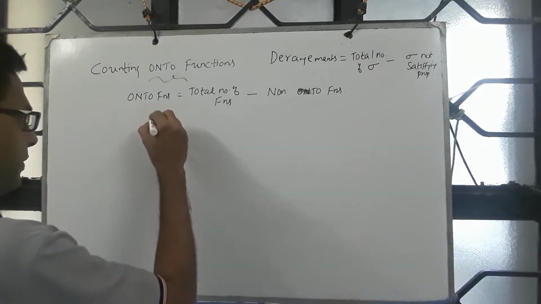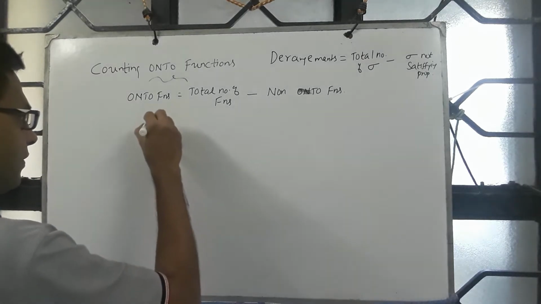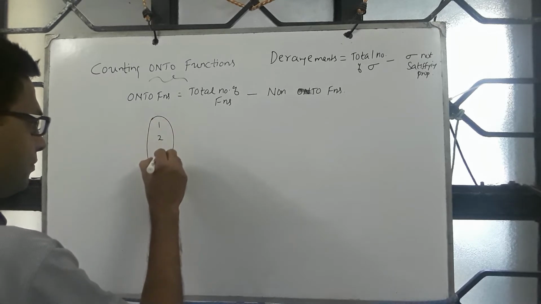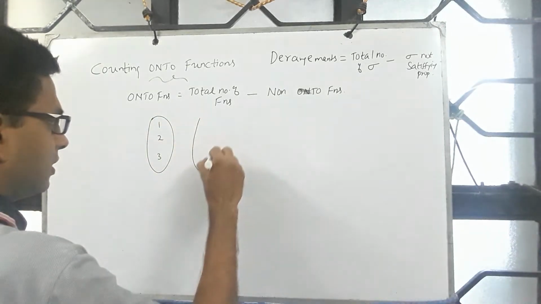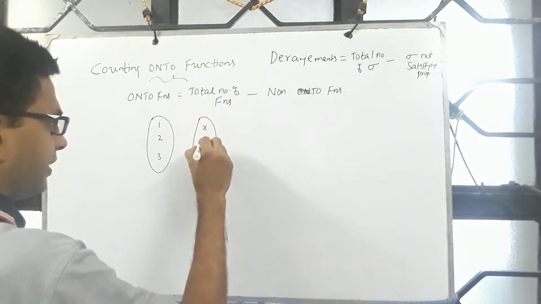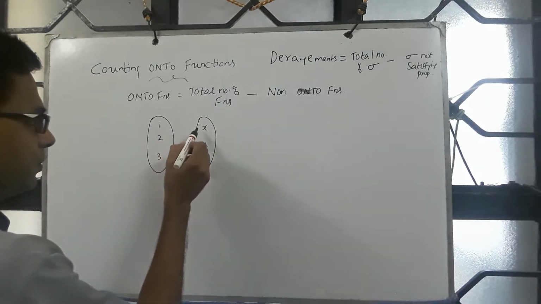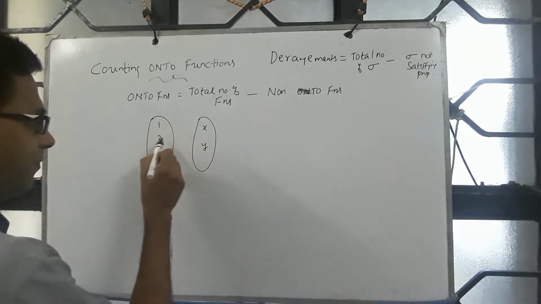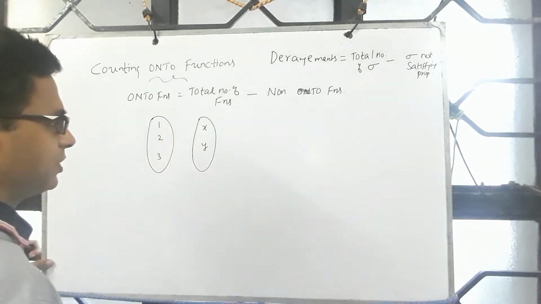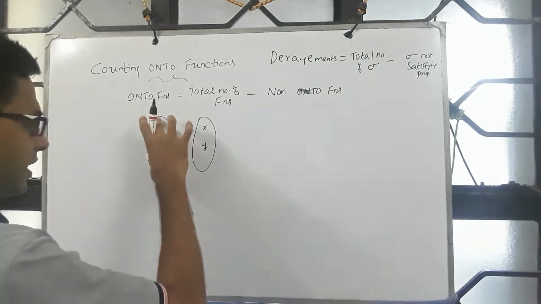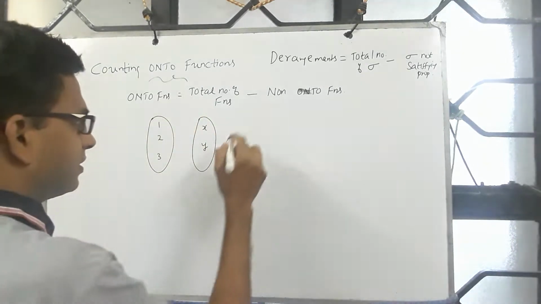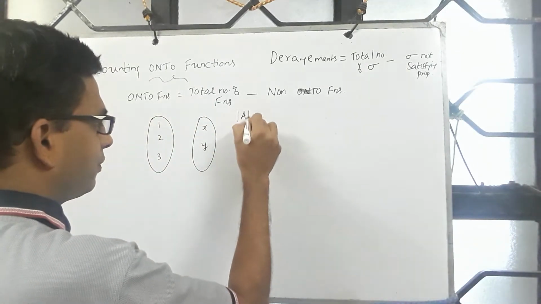And for example, suppose you have 3 elements in this set and 2 elements over here. We already know that for onto, each of them should have at least one pre-image. So which means the cardinality of this is at least this, which we have seen before.